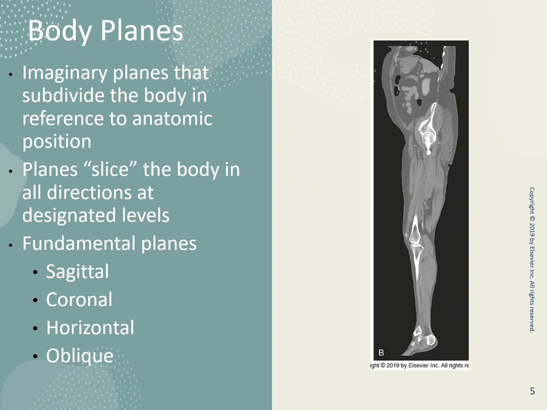And if you have a plane that connects your left and right acromion, that is a coronal plane. The mid-coronal plane is halfway between your anterior surface and your posterior surface.